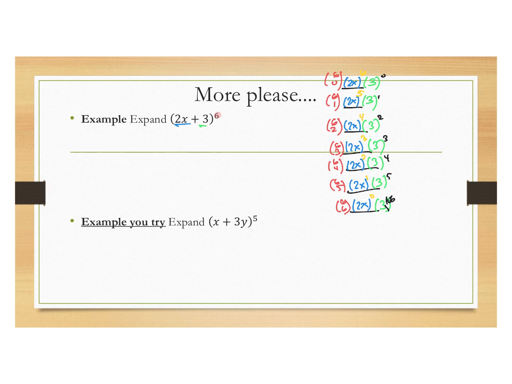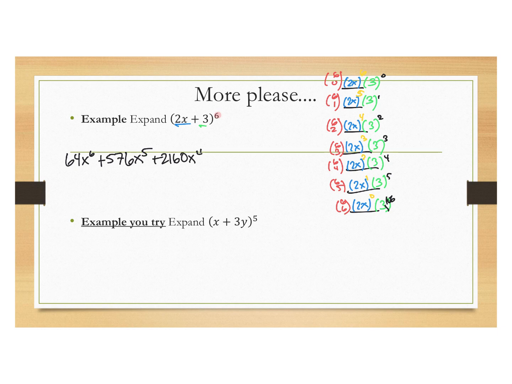So 6 choose 0 is 1 times 2 to the 6th power, which would be 64x to the 6th. 6 choose 1 times 2 to the 5th power times 3 to the 1st is 576x to the 5th. If we look at 6 choose 2 times 2 to the 4th times 3 squared, that should be 2,160x to the 4th.